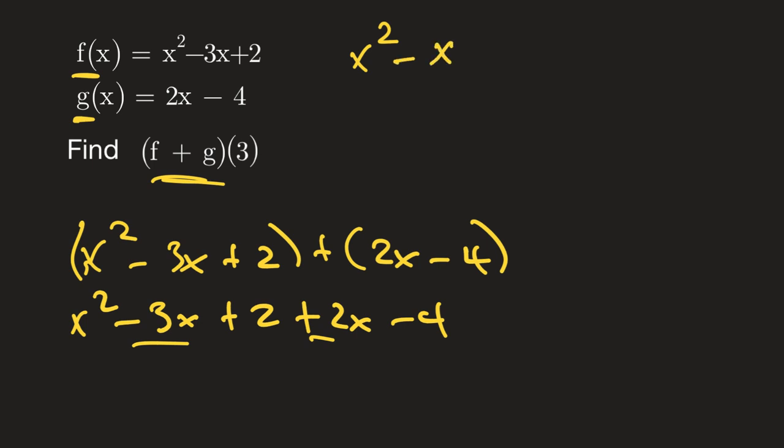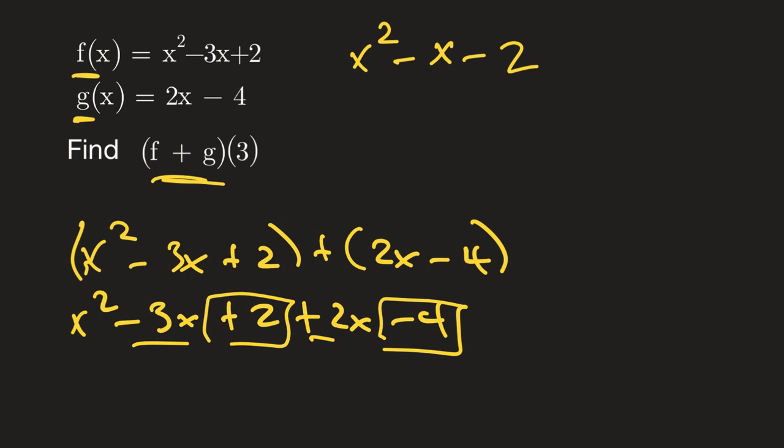Negative 1x, good. We are just simply combining like terms. What else is like? I agree. And what is 2 minus 4? Negative 2. Good.